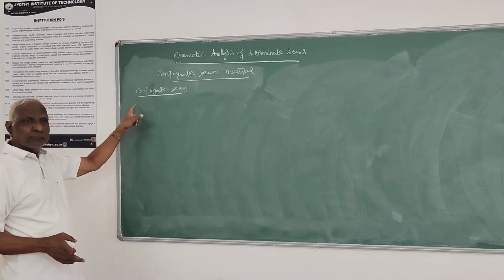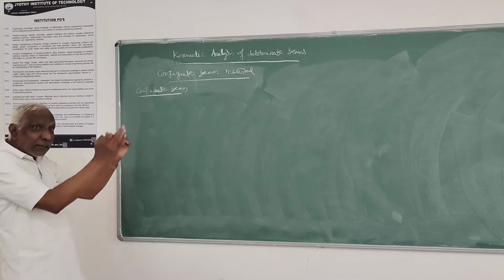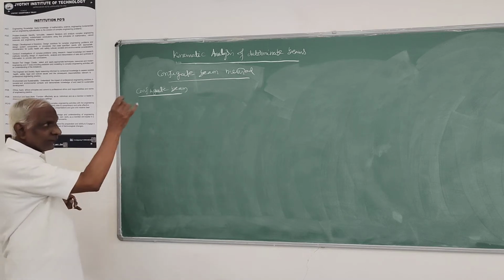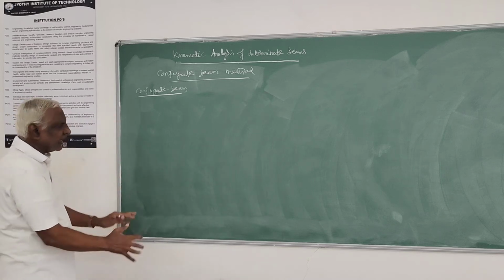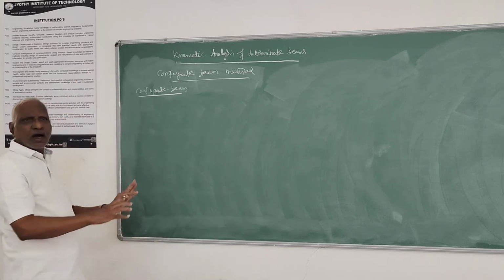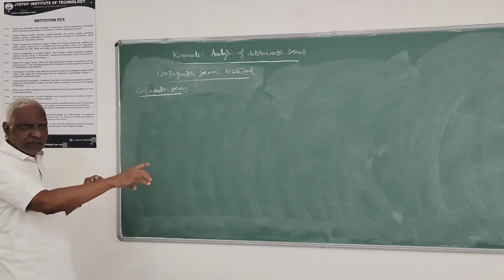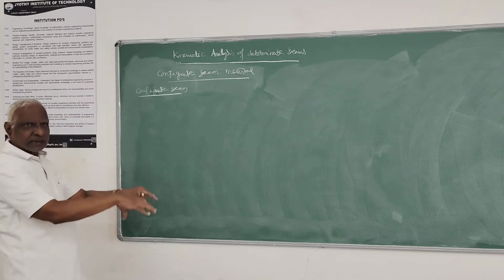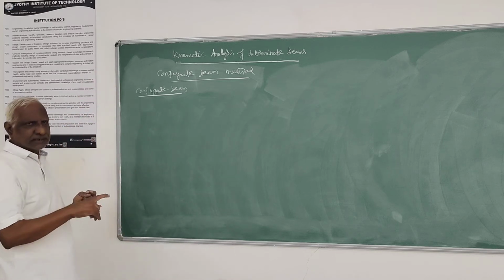But the loading on the conjugate beam will be the M by EI diagram. Whatever bending moment diagram you get for the real beam, you load that fully on this imaginary beam. Its span remains the same, and on that entire span the load will be the M by EI diagram.